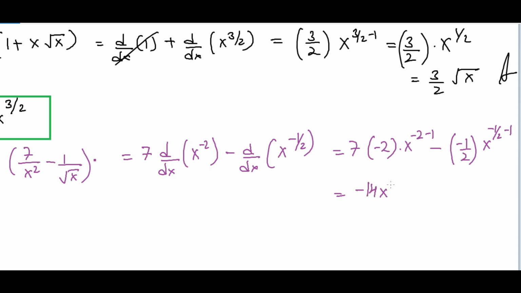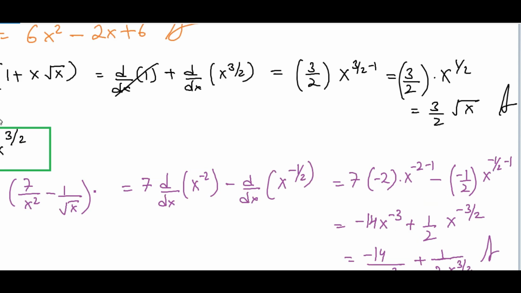X to the power negative 3, negative is positive. Positive 1 by 2, x to the power negative 3 by 2. Let's write them in the denominator so that the power becomes positive. So plus 1 by 2, x to the power 3 by 2 in the denominator. There are other ways of writing this also, but almost all are same looking, and they are equivalent.